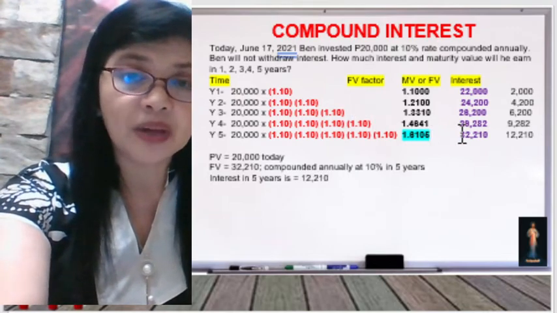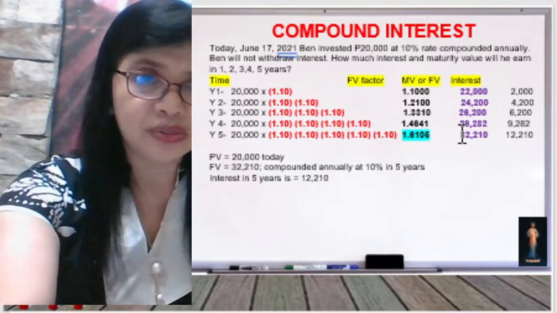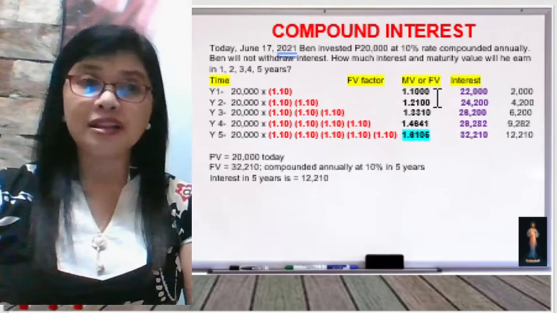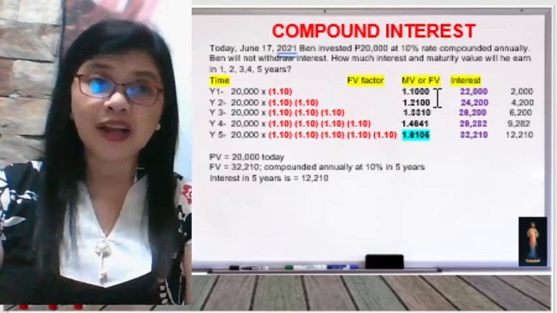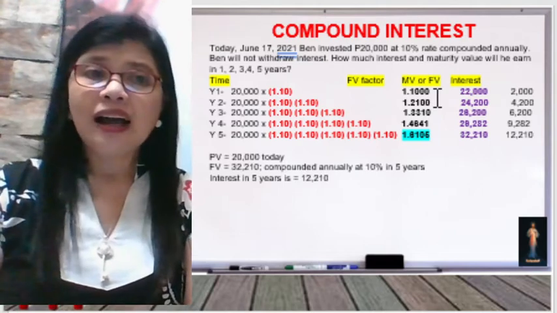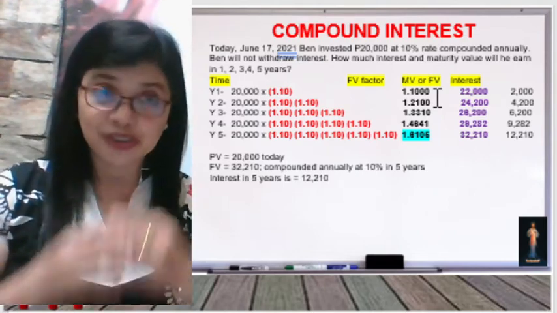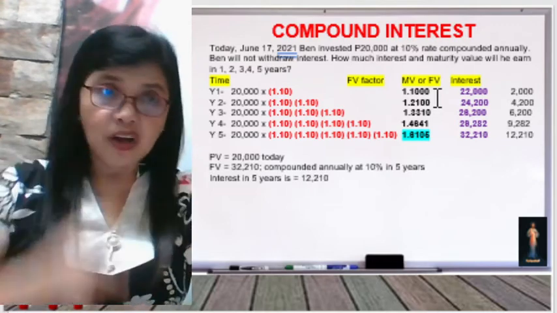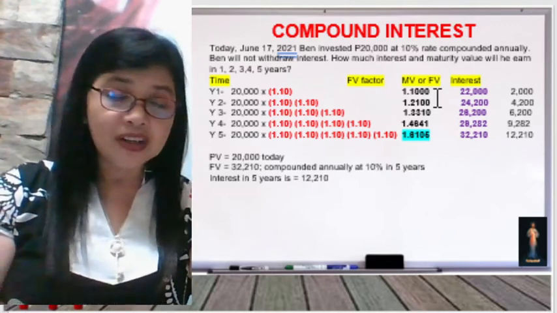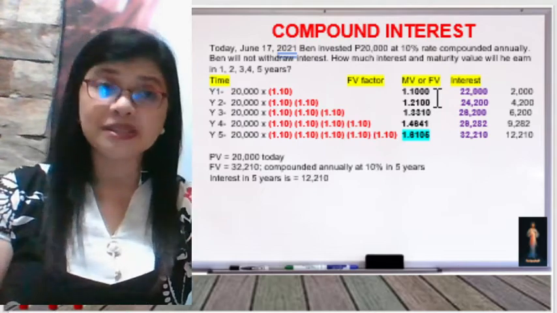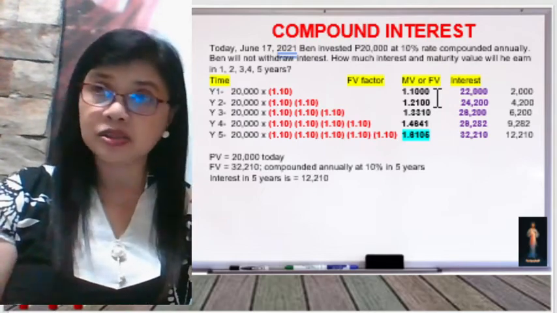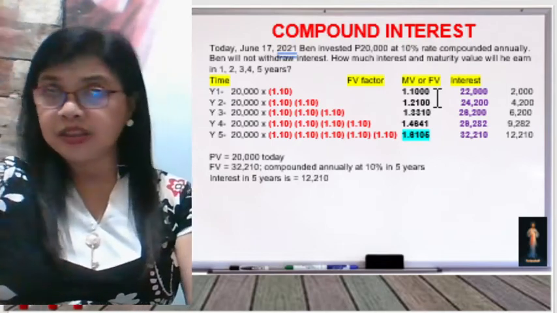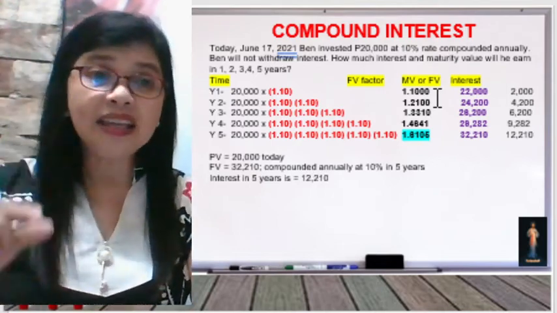Okay, my dear students, you can also use the tables. There is a future value table and a present value table. For now, I have asked you to bring your future value tables so that you can infer from that. On the left side is the term, 1, 2, 3, 4, 5 up to maybe 20, 40 years or more, and on the top row is the interest column.